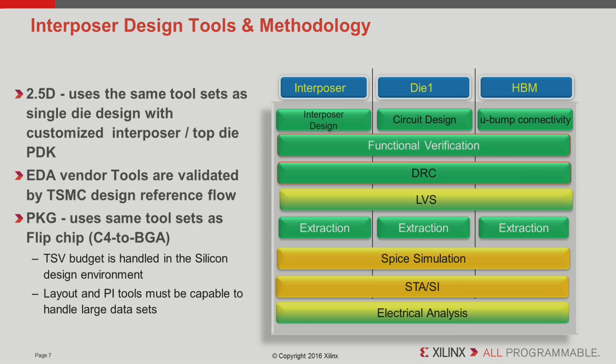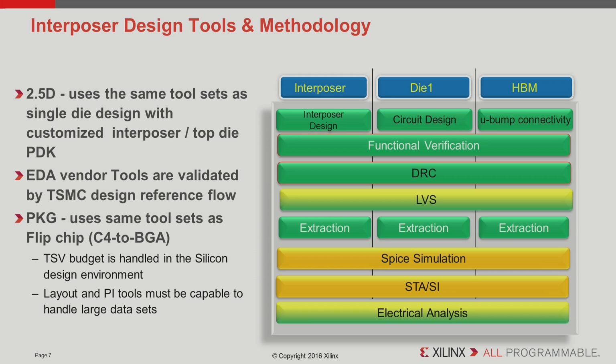On the package tools, again, there's nothing too different than what you would use with the regular flip chip substrate design. So could be tools from Cadence, Sigrity, and other EDA providers. But the one aspect to be taken care of is, these designs are becoming much larger than a usual monolithic flip chip design.